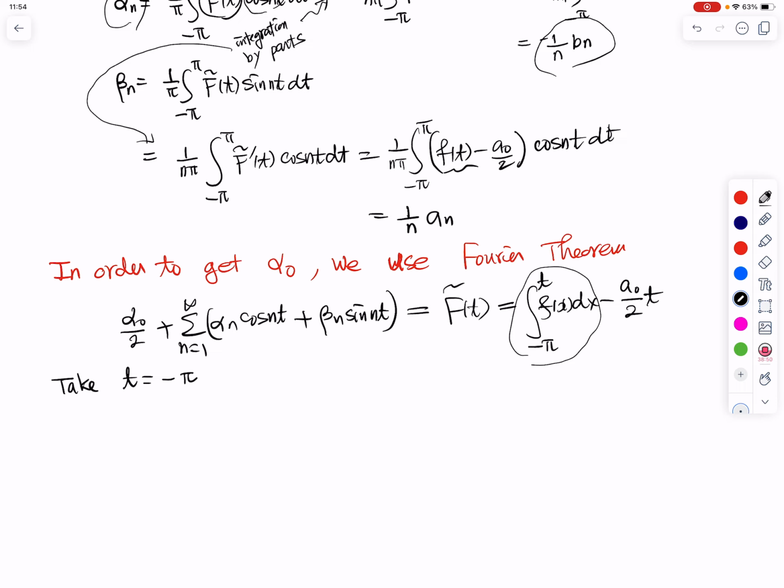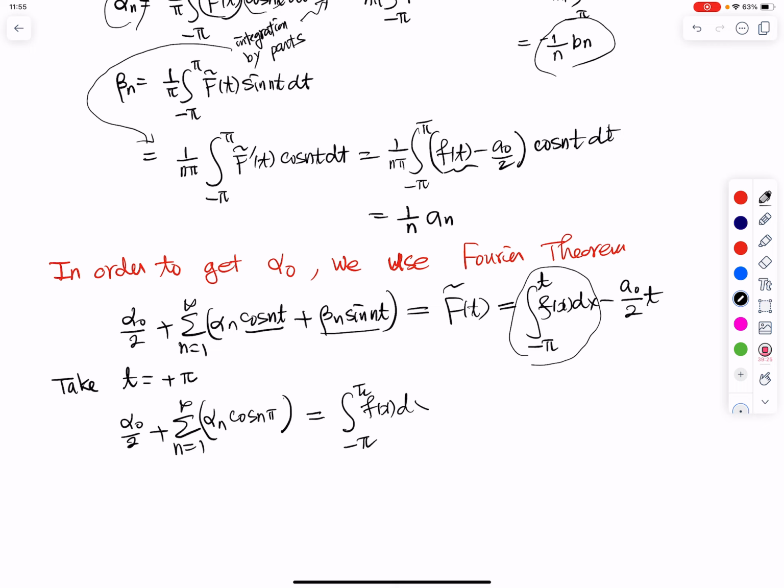Let's go with pi. What happens? Then we have alpha 0 over 2 plus the summation from n equals 1 to infinity of alpha n cosine n pi, and the beta term is gone because sine n pi equals 0. On the other side, taking t equals pi, we get the integral from minus pi to pi of f(x) dx minus a0 pi over 2.